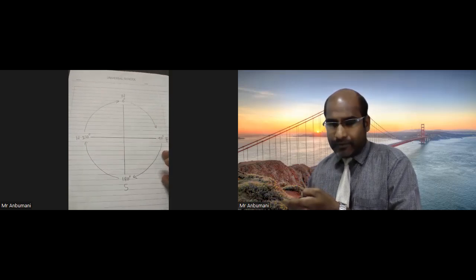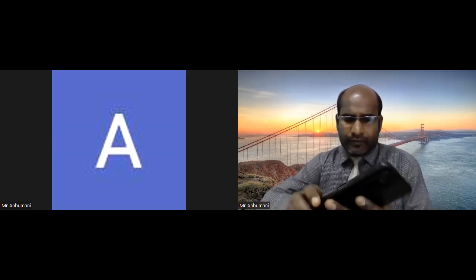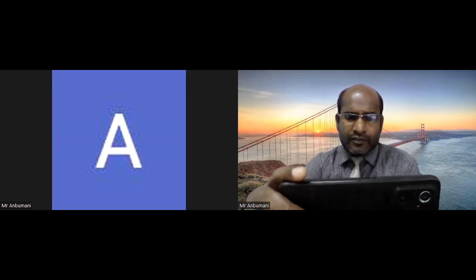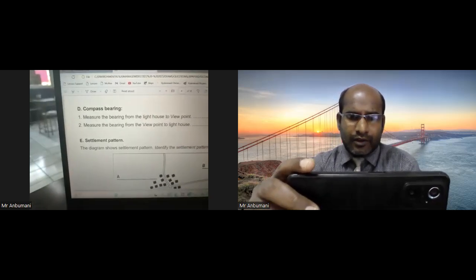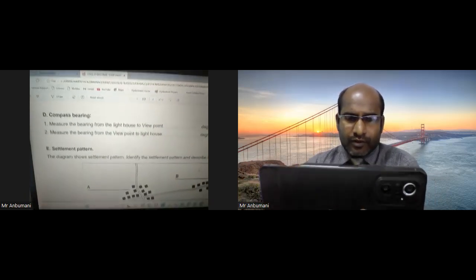Okay. I'll take you to the questions now. There are 2 questions about compass bearing to be solved. Just have a look at these 2 questions.